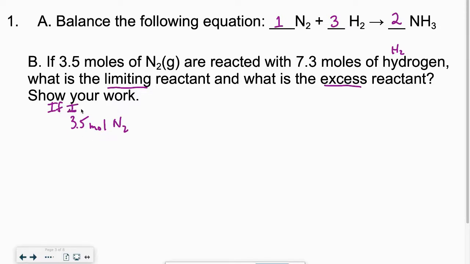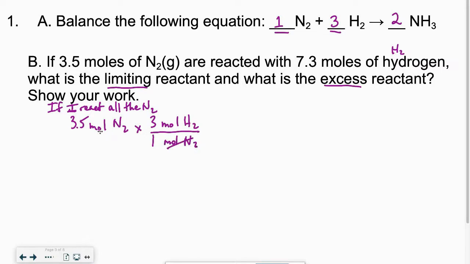So if I react all the N2, in order to figure out how much hydrogen I need to react all the N2, I'm going to use my ratios here. And I see that for every 1 mole of N2, I use 3 moles of hydrogen. So I can put on top here 3 moles of hydrogen for every 1 mole of N2.